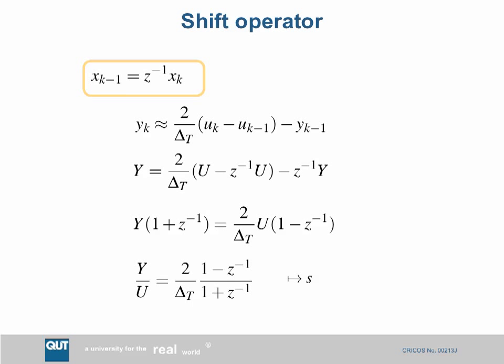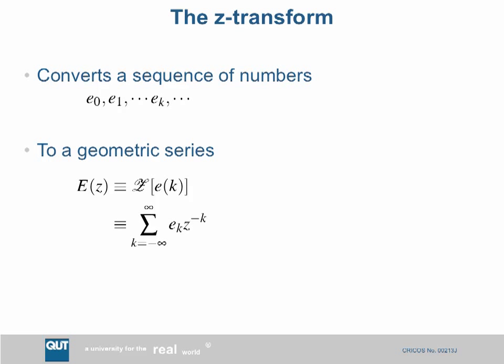So we just introduced it as a convenience operator to represent a time shift, but more formally it was a z transform. And a z transform is a way of representing a sequence of numbers by a summation using z to the power of k, z to the minus k, which represents shift. So any signal that we sample at regular intervals, we can represent it by its z transform. And that's the fundamental definition of a z transform.